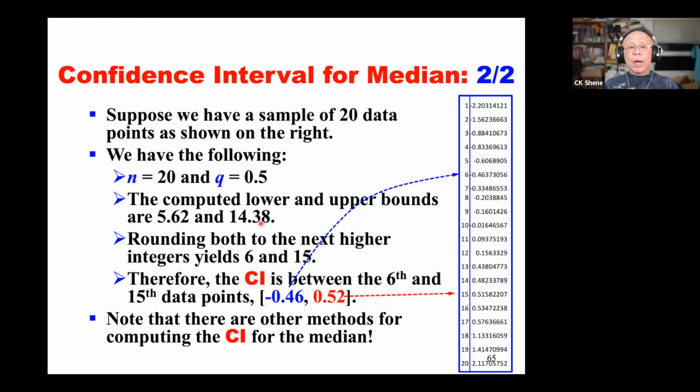Rounding these two values up to the next integer gives 6 and 15. Therefore, the confidence interval for the median is between the 6th and the 15th data point, that's between negative 0.463 and 0.5158. Remember, there are other methods for computing a CI for the median.